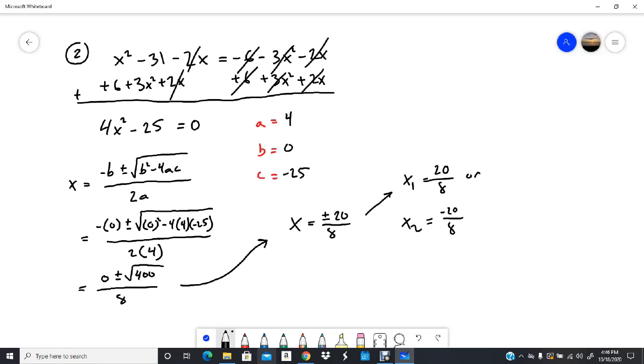Simplified, this would be 10 over 4, 8 divided by 2 would be 4. The second would be negative 10 over 4. So that would be the solution set: negative 10 over 4, and 10 over 4 in brackets.